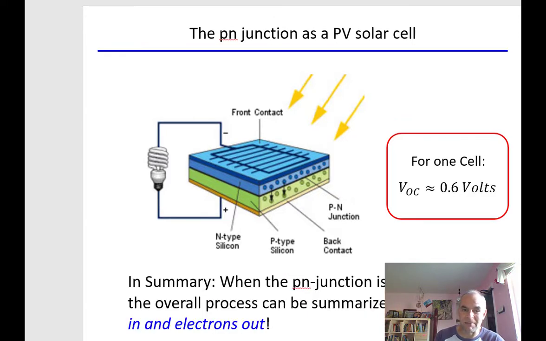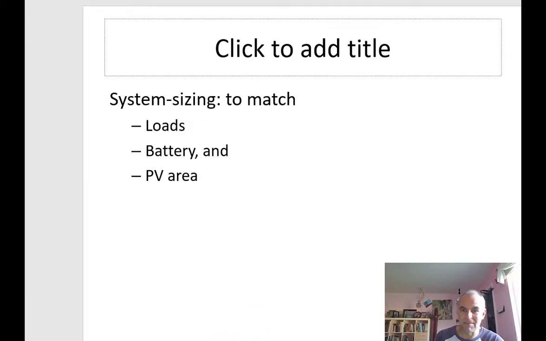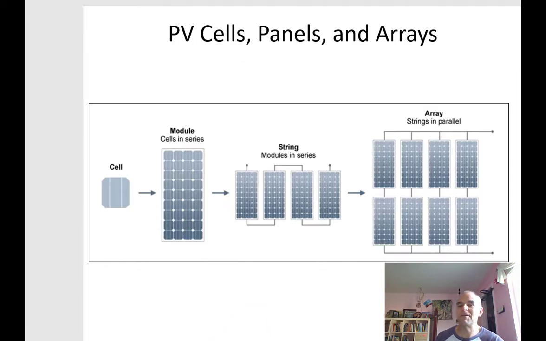And so if you want to build up a greater voltage, what you're going to want to do is string a bunch of these together. And then you can see that on some of these pictures here, where if you want to build up voltage or build up current, you either put solar cells in series.